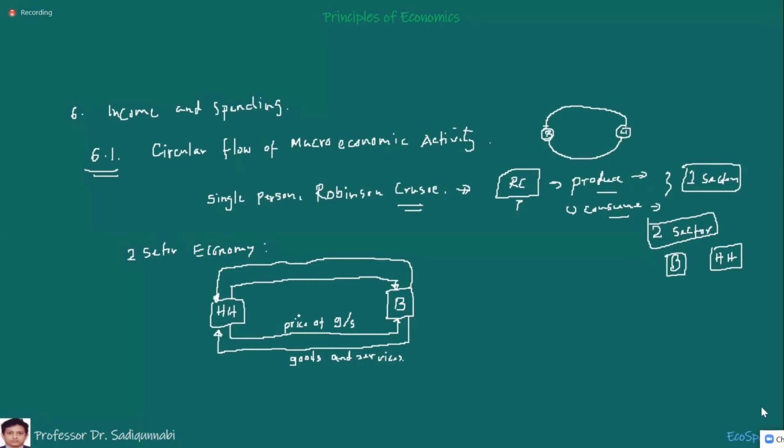Let me tell you about one arrow. What is going from household to business is productive resources, or factors of production: land, labor, capital, and organization.